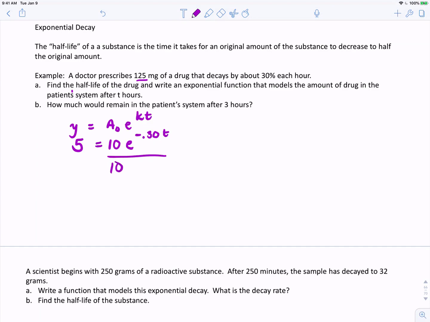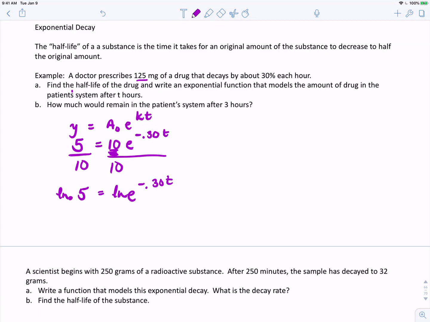We'll divide both sides by 10, and here we have 5 over 10, or in other words, 0.5. And no matter what amount you decided to start with, in this first move where you do the division, you'll always end up with 0.5, in other words, half, is equal to e to the negative 0.30 times t.